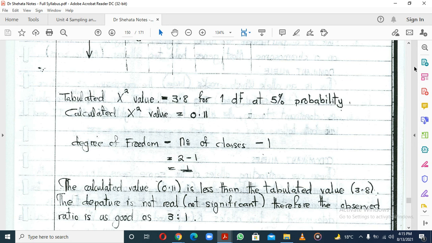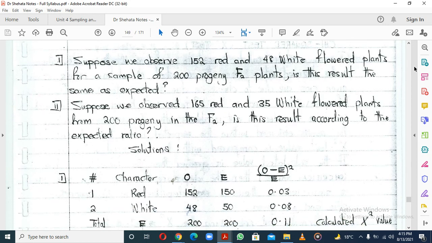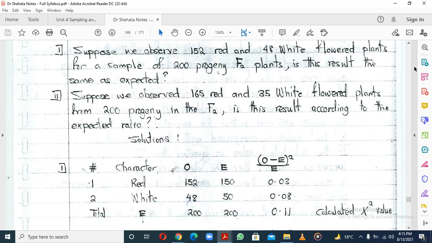So it simply means that the ratios that we've observed are almost as good as what? As 3 to 1. Because look, that was 152 when we were supposed to get 150, and 48 when we were supposed to get 50.